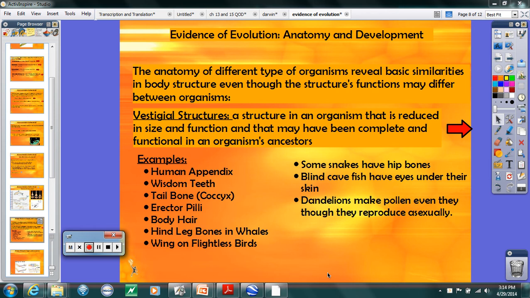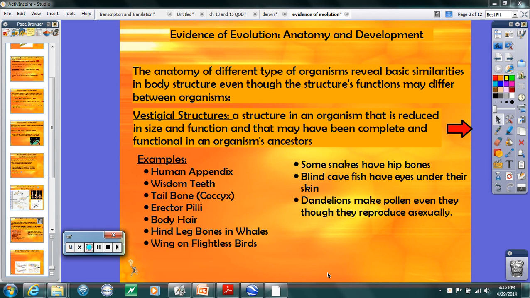erector pili, which is actually the little muscle that causes your hair to stand up when you get goosebumps, your body hair all over, hind leg bones in whales, wings on flightless birds. Some snakes are known to actually have hip bones. Even fish that are blind have eyes under their skin.